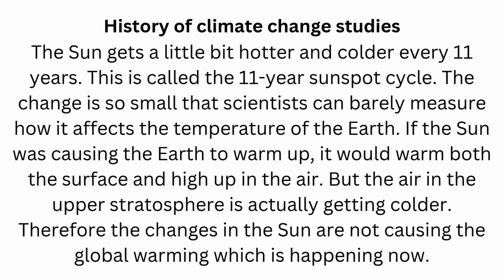History of climate change studies. The sun gets a little bit hotter and colder every 11 years. This is called the 11-year sunspot cycle. The change is so small that scientists can barely measure how it affects the temperature of the Earth.